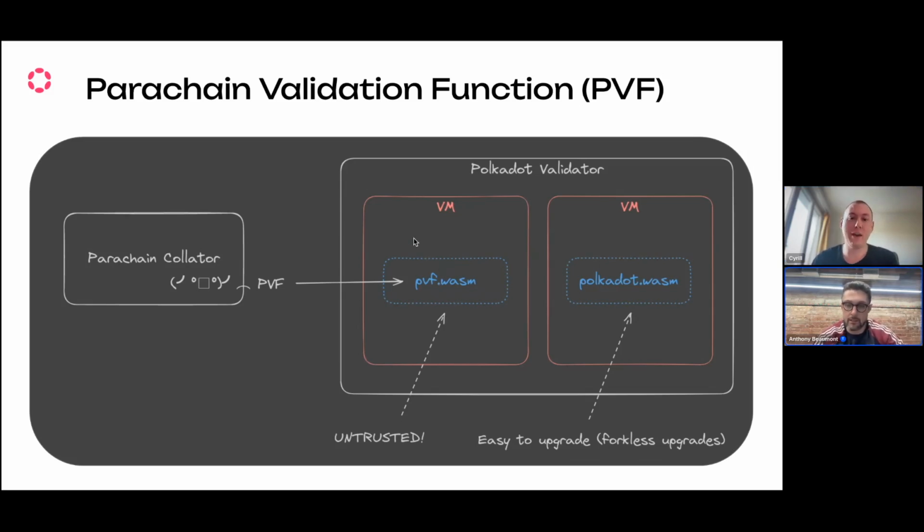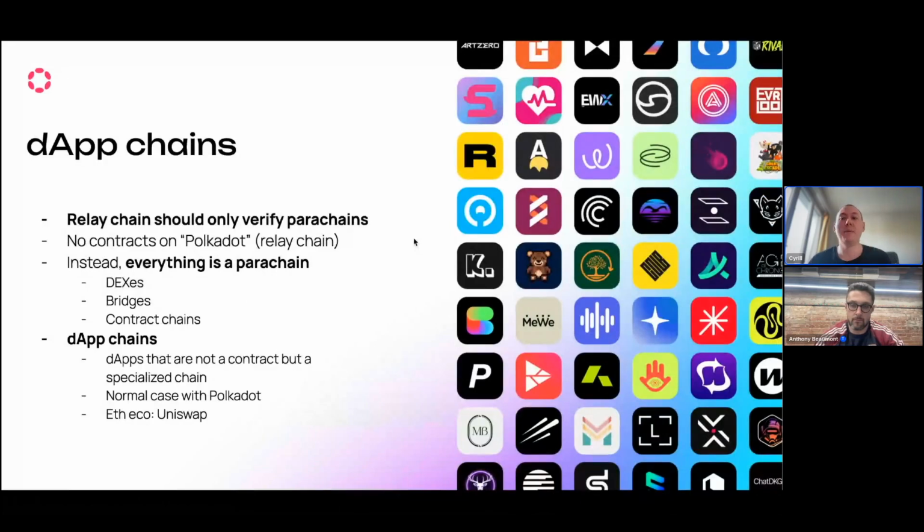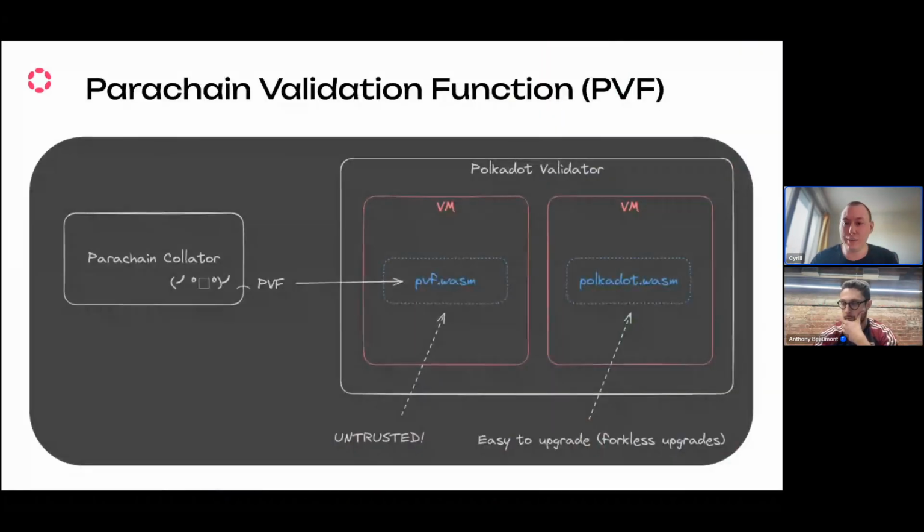Keep going, sir. Great. So what we see, there's no contracts on the relay chain. The idea is the relay chain only does what you see here. It validates those validity proofs from the parachain.